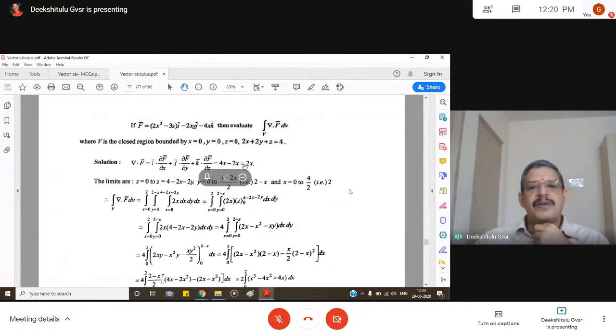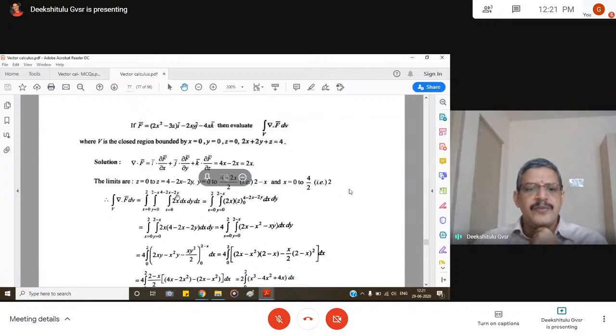The limits of z range from 0 to 4 minus 2x minus 2y, and then neglect the z axis. Once you consider the limits of z, forget about z, leave it. Then dou f2 by dou y minus 2x, dou f3 by dou z is 0. This is 2x dx dy dz.